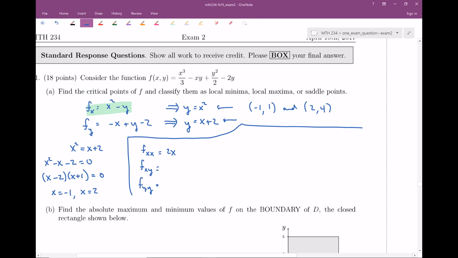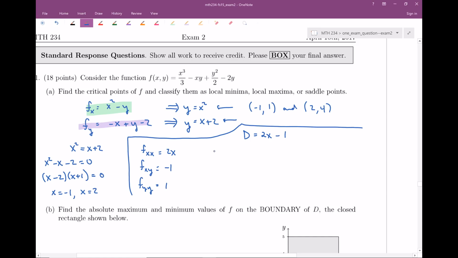If I take a derivative instead with respect to y, I would get negative 1. And now if I look at my second one right here, my f sub y, and I take a derivative with respect to y, I would get 1. So therefore my D, in this case, f sub xx times f sub yy, that's going to be 2x minus f sub xy squared. So that's going to be negative 1 squared, that's going to be 1.